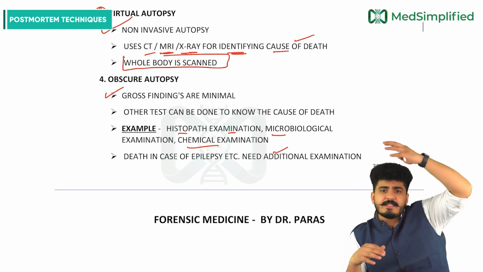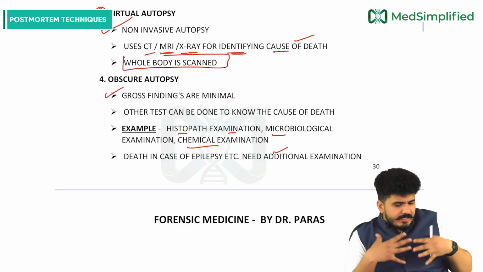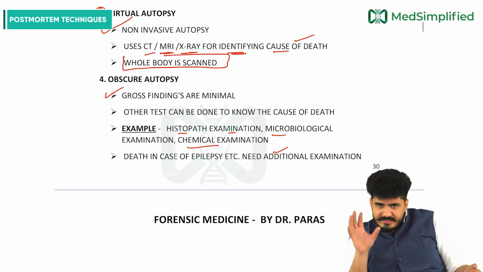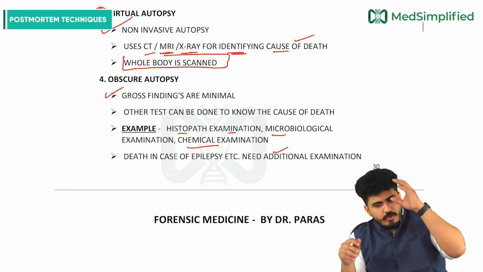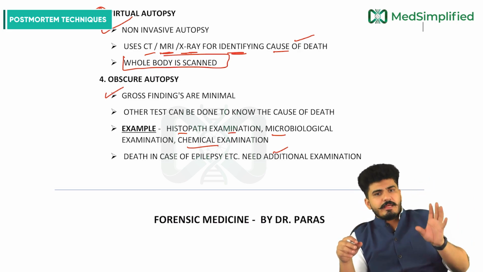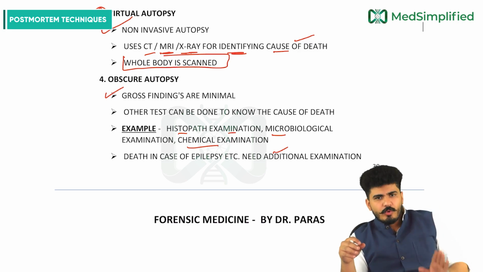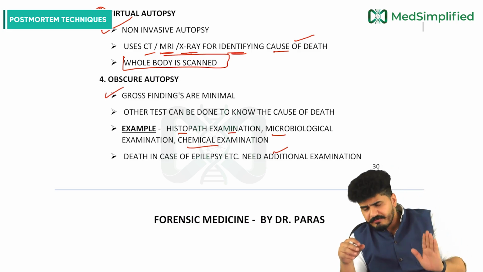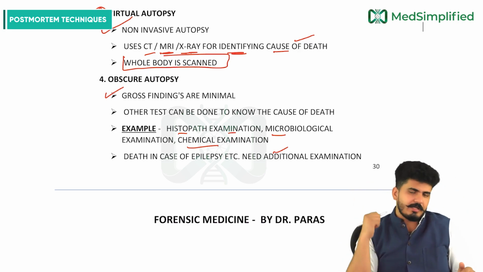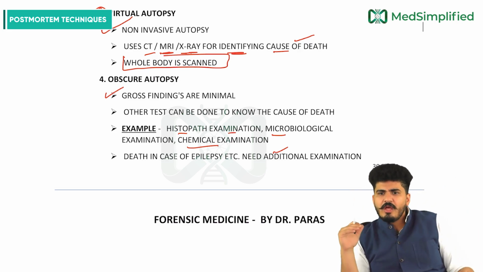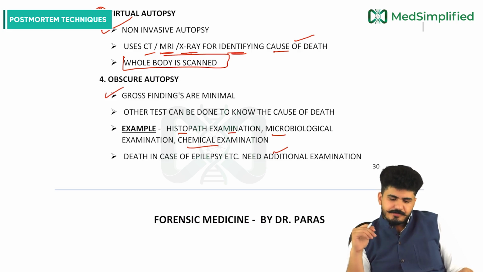Epilepsy, brain, seizures etc.: you cannot find anything in the body, but to establish the cause of death as a forensic medicine expert, you need to send the sample to the lab also to know whether the brain was working absolutely fine or not. If not fine, there might be a cause, that is epilepsy, my dear friends. So this is all about the obscure autopsy, my dear friends.